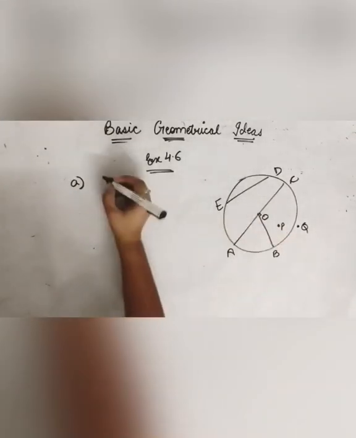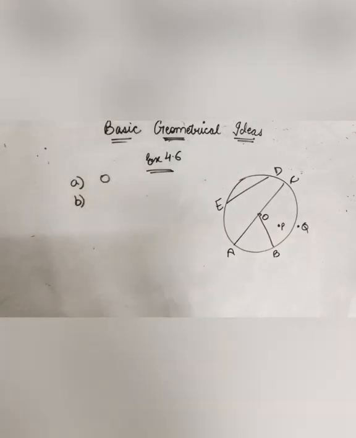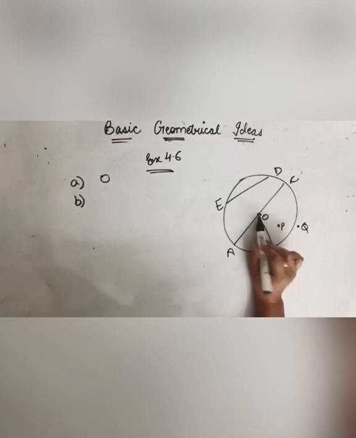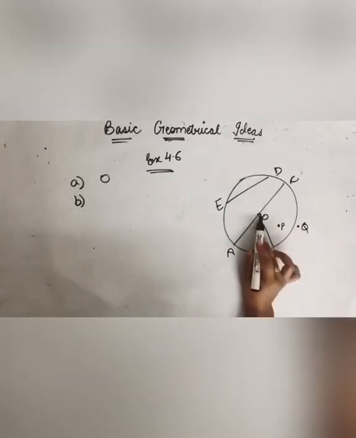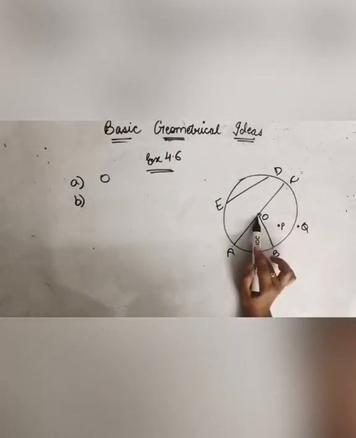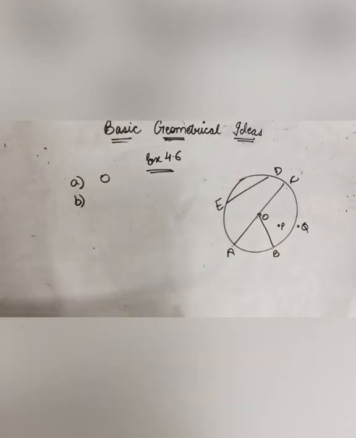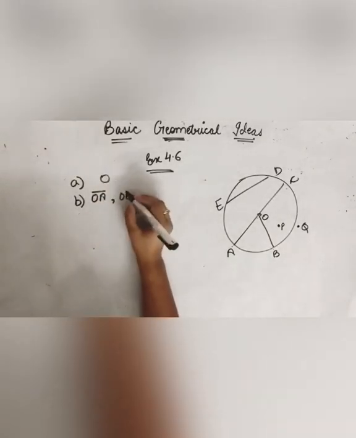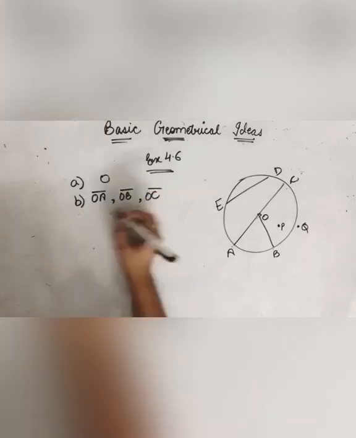Center of the circle is O. B part, radius you have to see. So OB, OA, OC. Any line segment joining the center with the circle is known as radius. So three are OA, OB and OC.